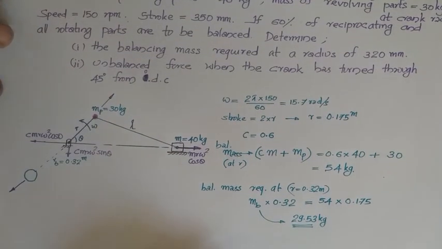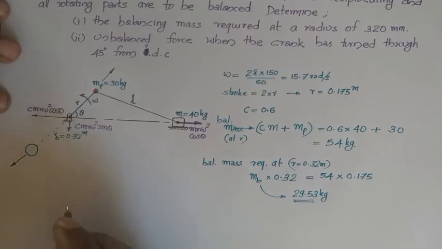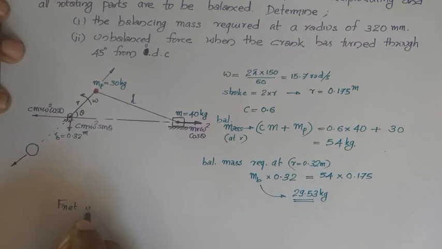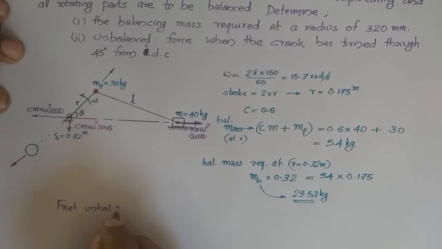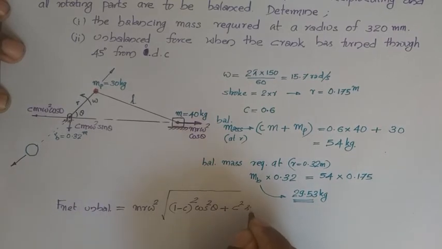You have calculated the expressions for net unbalanced forces along horizontal and vertical, and from that you have evaluated the net unbalanced force expression, which in the previous video I have shown, is m r omega square into the square root of (1 minus C) the whole square cos square theta plus C square sin square theta.